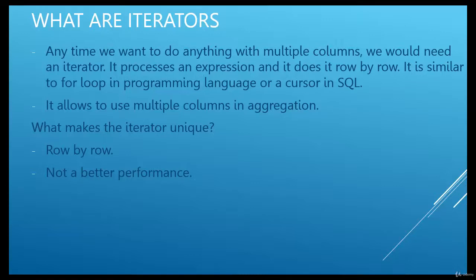It is used as a measure, so once it does the calculation, you do not view that within your table. It just comes up directly as a measure. So in the data model or in table view, you won't be able to see this measure. And another thing is it allows for multiple column expressions, so you can evaluate multiple column expressions within iterators.